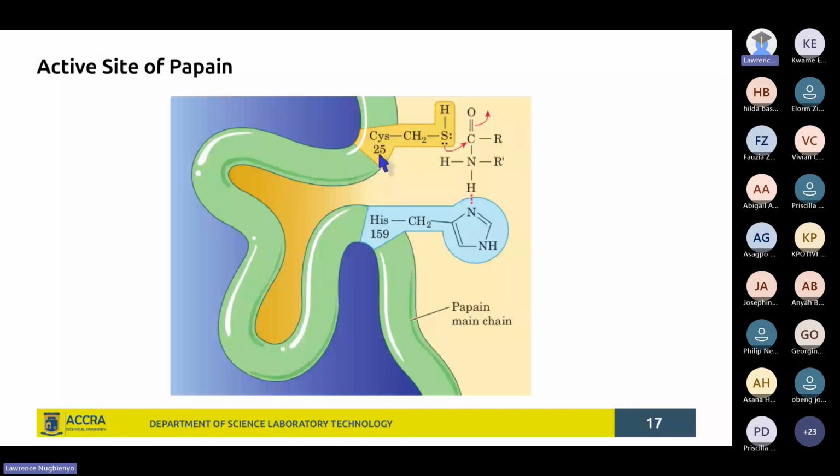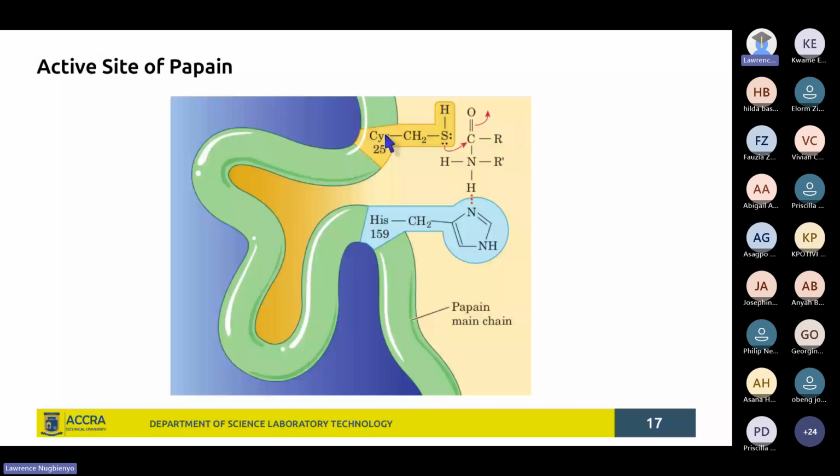That's what it means. Similarly, histidine, which is at the 159th position, is also involved in that active center. Of course, a protein can contain many cysteine molecules along the chain. Histidine can also be there, but these specific ones, cysteine at the 25th position and histidine at the 159th position.